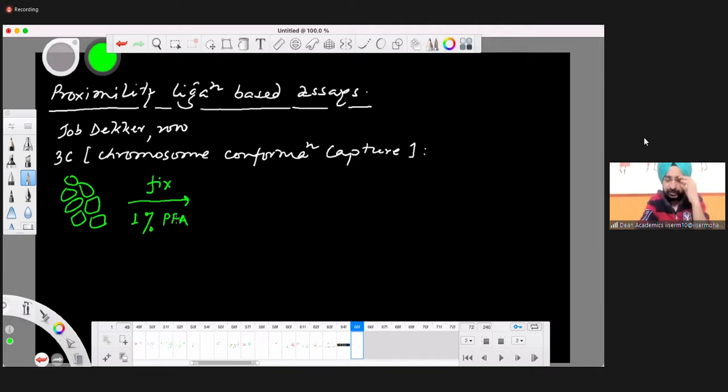So it is able to cross-link the protein-DNA complexes, protein-DNA-RNA, or the nuclear complexes, and fix it. Doesn't allow it to move, right? So basically, the moment you add paraformaldehyde, you're fixing the cells. The cells are dead, and you're taking a snapshot of each cell. Okay, so whatever cell cycle stage these cells were in, it is fixed. Okay, each of these cells will be fixed once you add paraformaldehyde for 10 to 15 minutes.